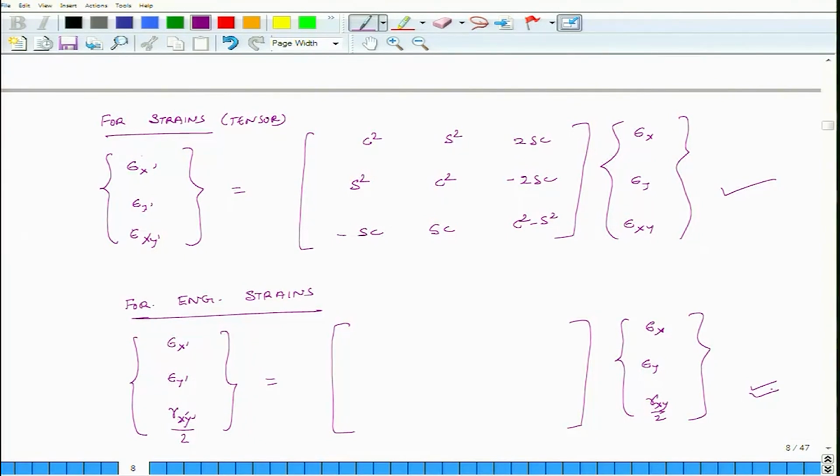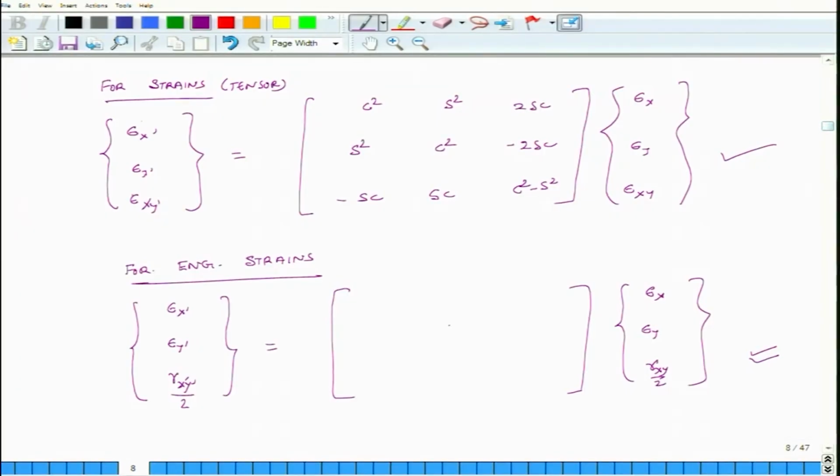From this set of equations, we can express epsilon L, epsilon T and gamma LT in terms of epsilon x, epsilon y and gamma xy. In this case, we are going from the LT coordinate system to the xy coordinate system. So, theta is minus theta.